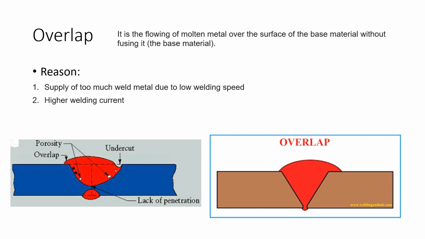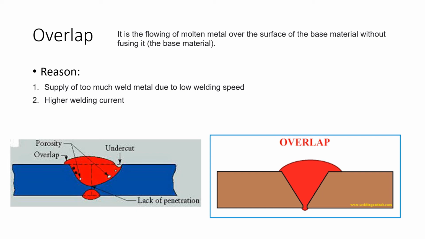Without fusion means it is not actually making a proper joint with the base metal, but it is flowing over the surface when it is in the liquid stage, in the melted form.